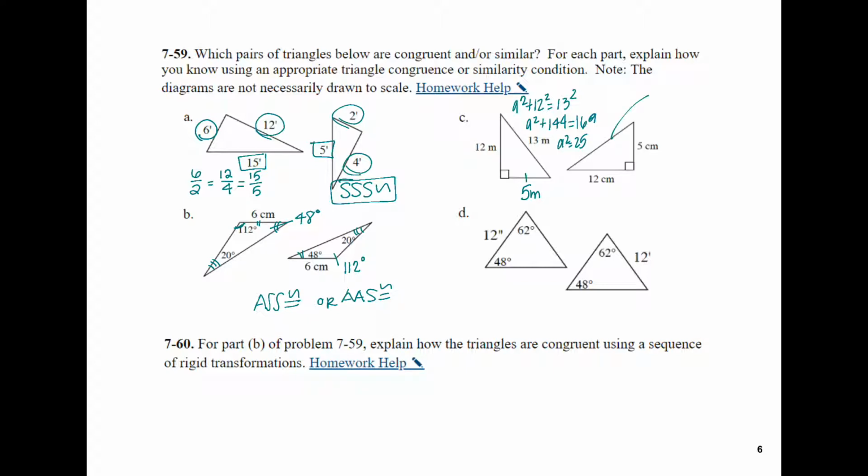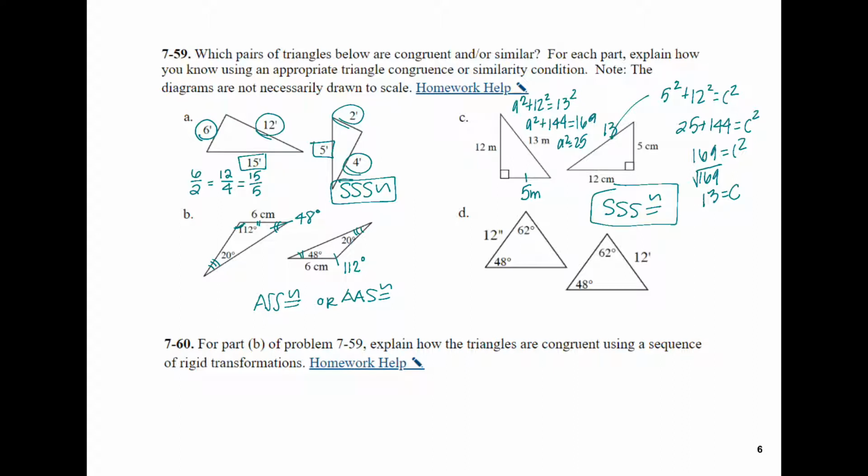On the other side, to find the hypotenuse, I will do 5 squared plus 12 squared equals c squared. 25 plus 144 equals c squared. I have 169. The inverse of squaring something is square rooting it, and the square root of 169 is equal to 13. So I know by the definition of side-side-side congruence that these two triangles are congruent.